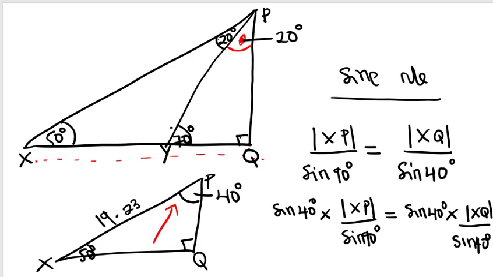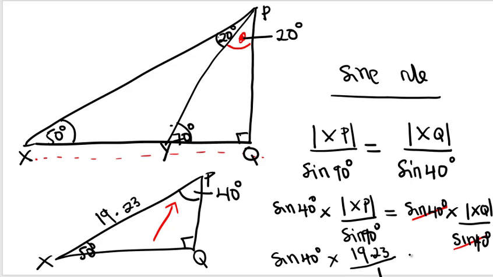Now this sine 40 is going to cancel this sine 40. So for this side, we are going to be left with sine 40 degrees times the XP, which we know that now the XP is 19.23, over sine 90, which is 1. And this will be equal to the length of XQ.